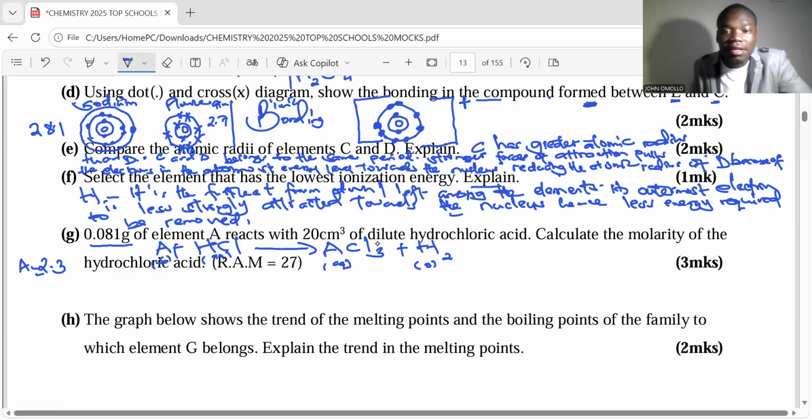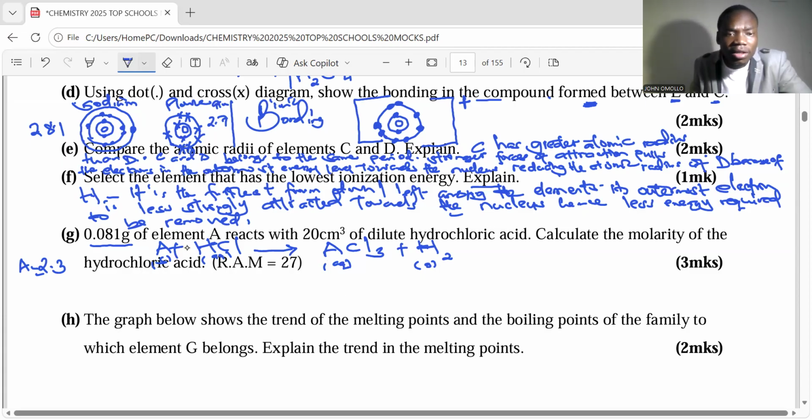Let's see whether it is balanced. For the space in between, let me put an arrow just like that. So let's see if it is balanced. 1 A balanced, 1 H, 2 H not balanced. Chlorine is 1 here, and here they are 3.